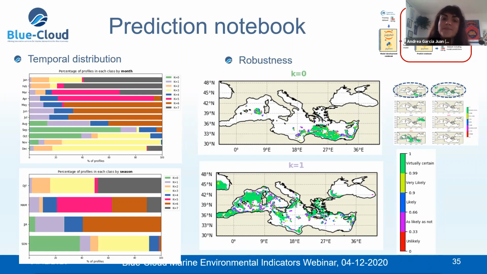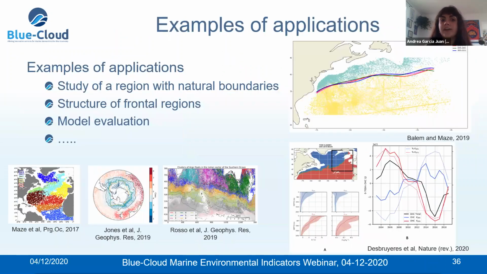So finally, I would like to give you some examples of applications. This analysis has been used to study regions with natural boundaries, as we can see in the three figures on the bottom, in the North Atlantic and in the Southern Ocean.